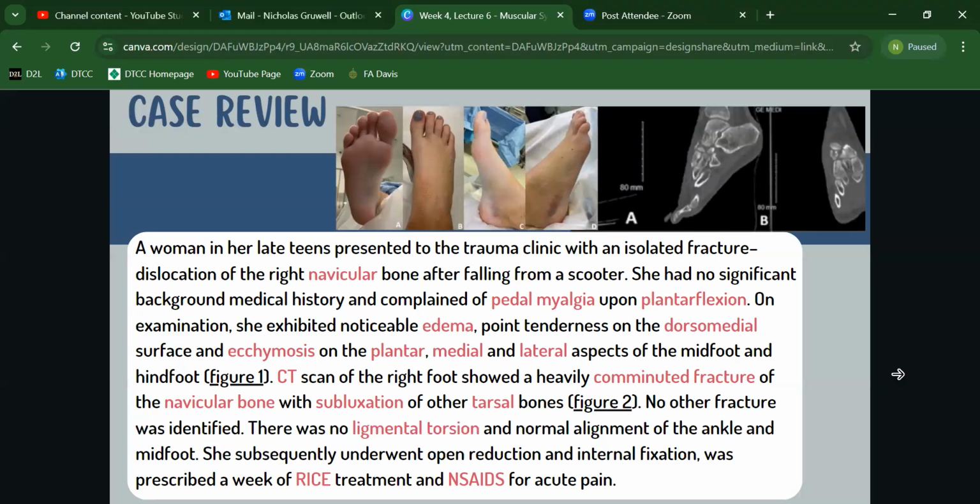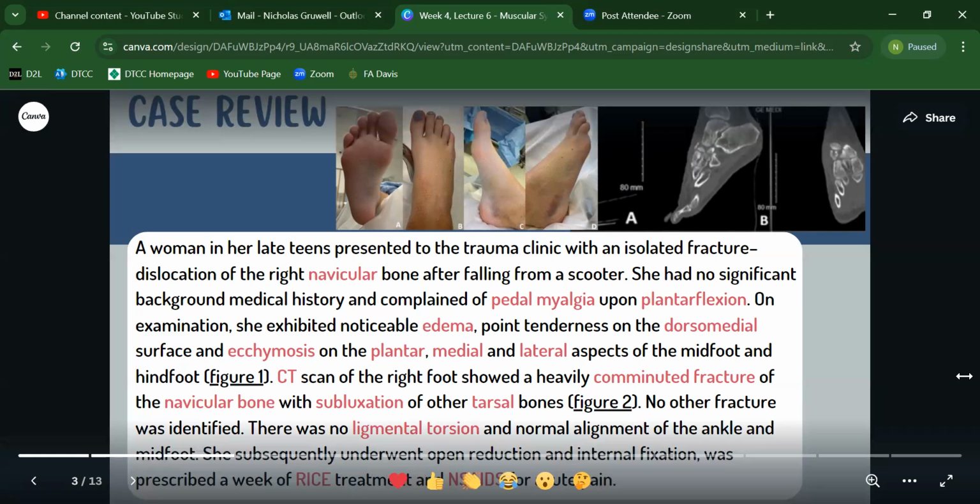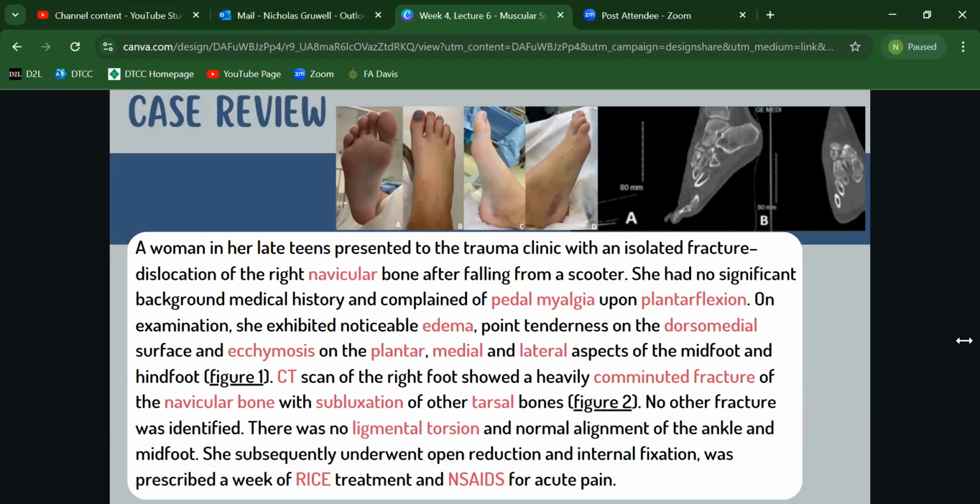She's doing an open reduction and internal fixation, which means they're going to screw pins in her foot to hold those fracture pieces together. Sometimes you'll see that abbreviated ORIF. And then RICE is a very common abbreviation that you may have already known before the class. So rest, ice, compression, elevation, and then NSAIDs for acute pain.